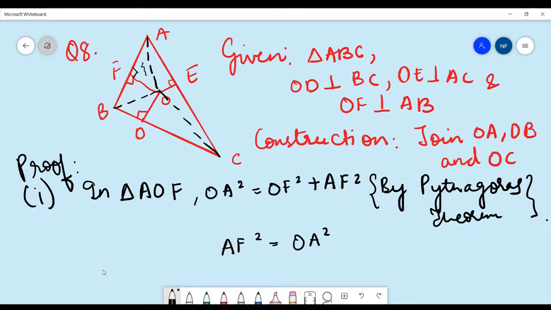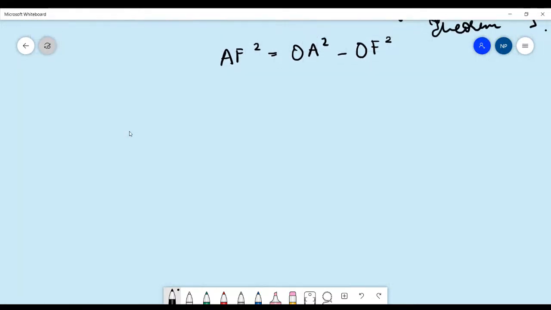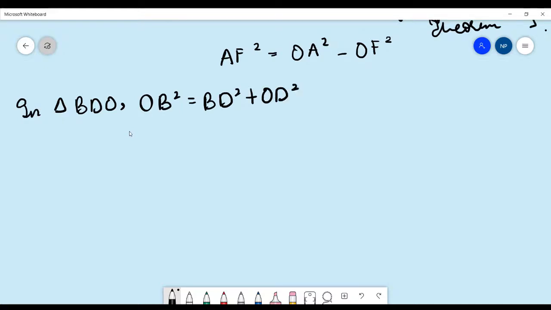Then from here we can write AF square as OA square, this OF we are going to shift over here, so this will become minus OF square. Is that clear, children? Then after this we are going to write in triangle BDO. See the small triangle BDO, we will write over here OB square is equals to BD square plus OD square, right?